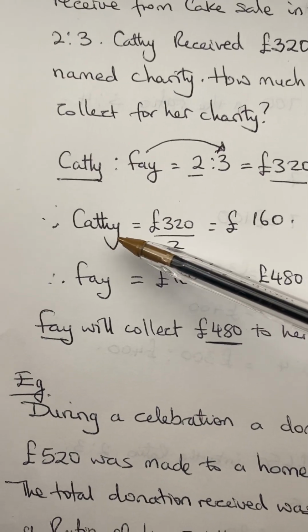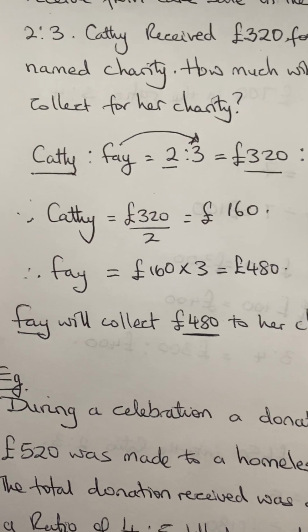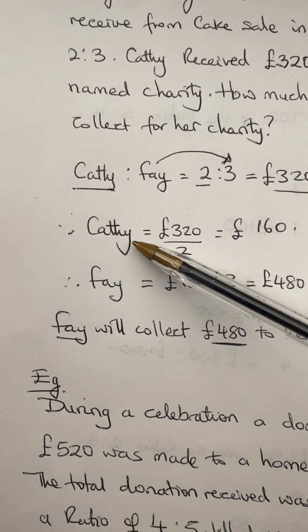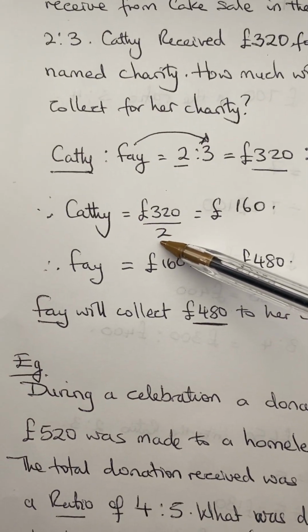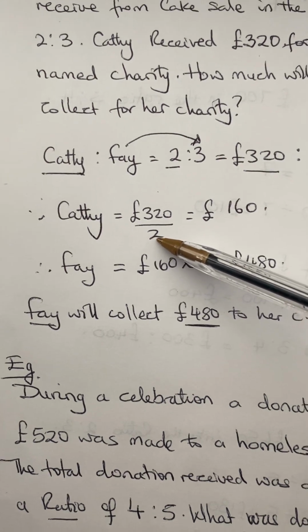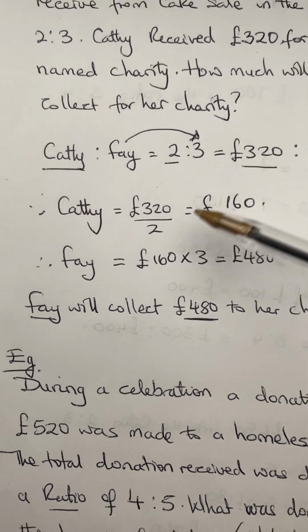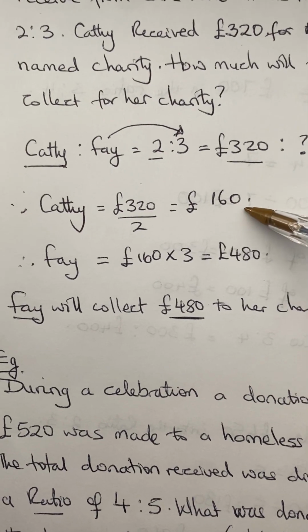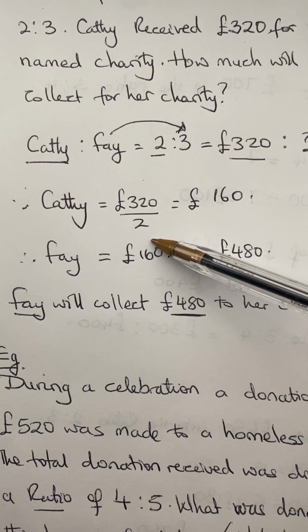Now, we'll work from the known to the unknown. We know that Kati got 2 portions, and her 2 portions is £320. If we want to find a portion, then Kati's portion will be 320 divided by 2.